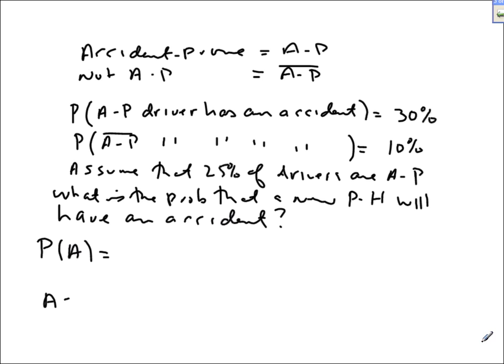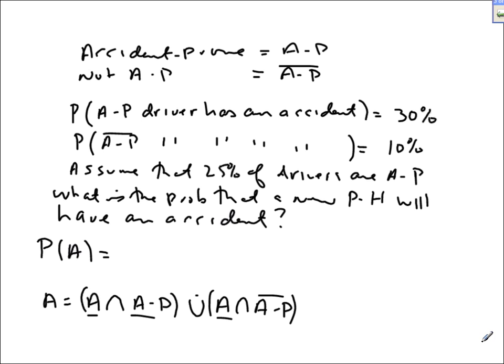Remember that A is equal to A and accident prone, or A and not accident prone. All people who have an accident either have an accident and are declared accident prone, or have an accident and are not declared accident prone.